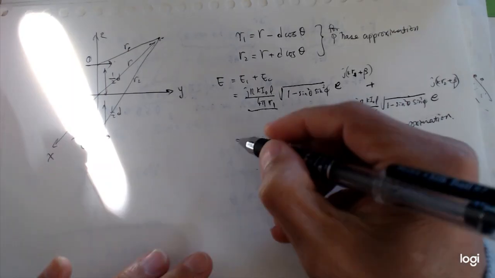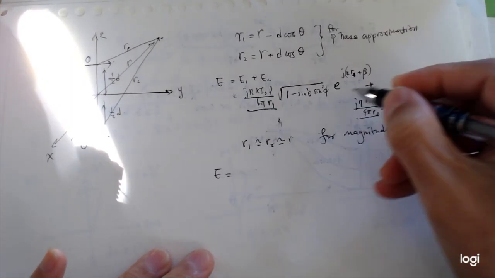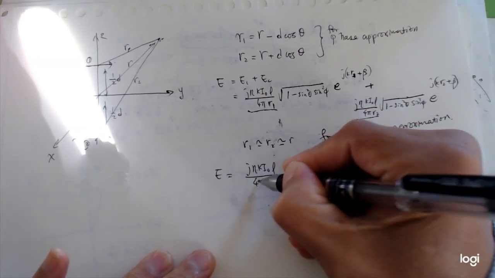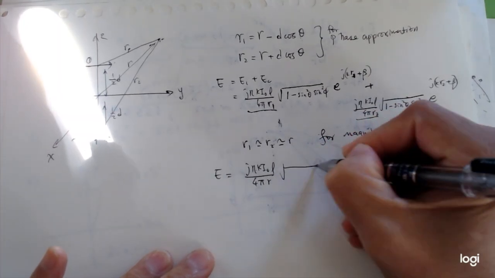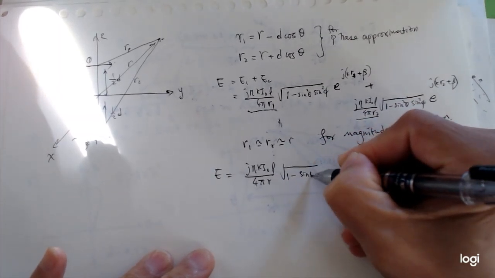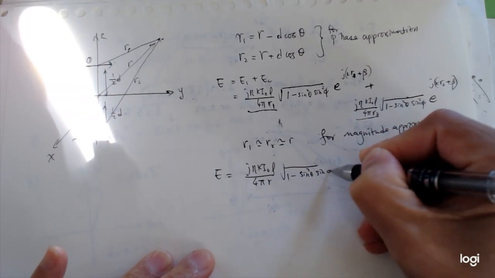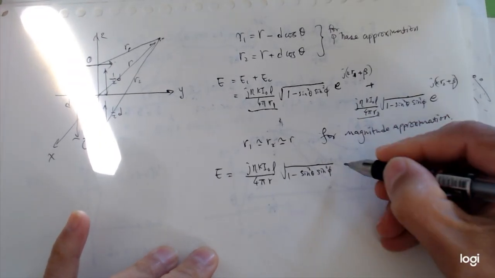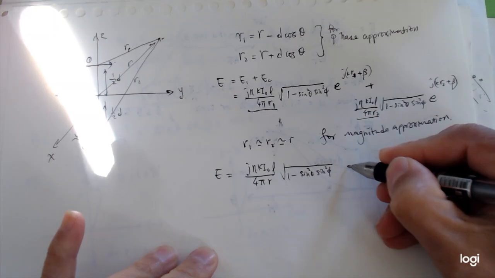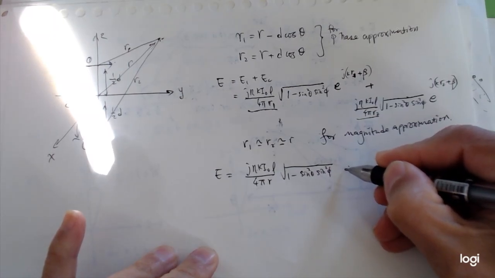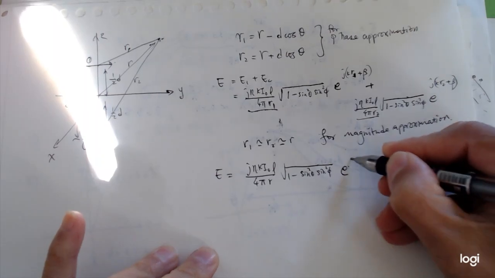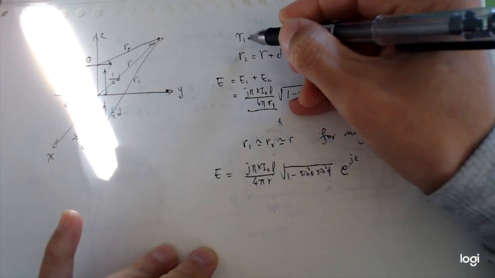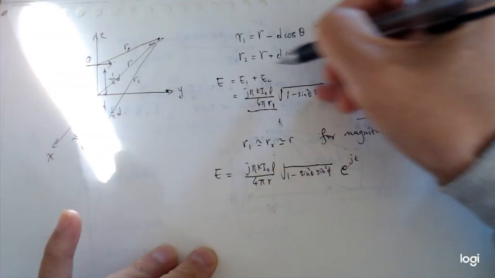So E is going to be K, and we have a common term from here, and here we have K. We are going to substitute R1 and R2 using these two expressions.